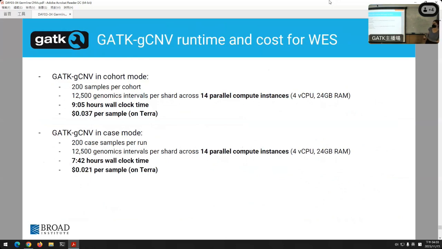So it costs a little under 4 cents per sample to run GCNV in cohort mode in Google Cloud, and a little over 2 cents per sample to run GCNV in case mode in Google Cloud. And both of them take somewhere around 8 or 9 hours of wall time, but that's, remember, very highly parallelized. So under the hood, there's a lot more compute than just 8 or 9 hours happening.